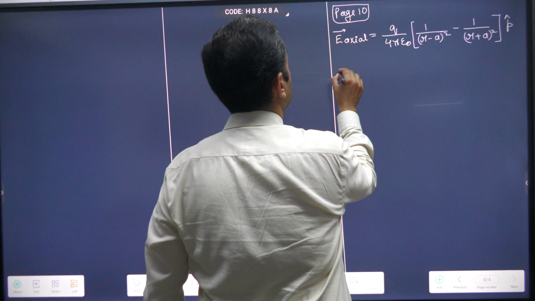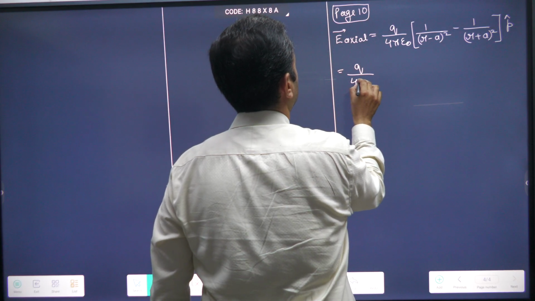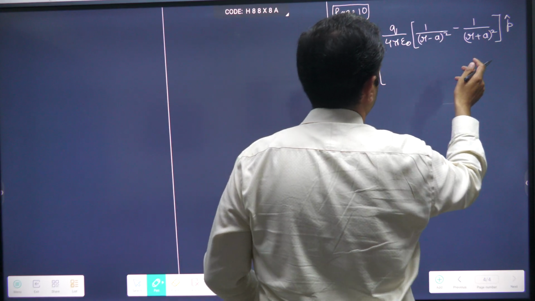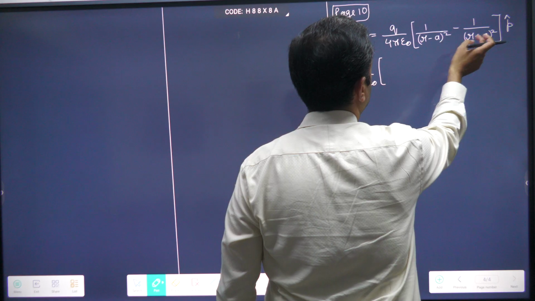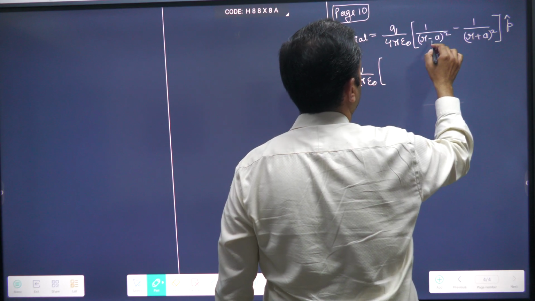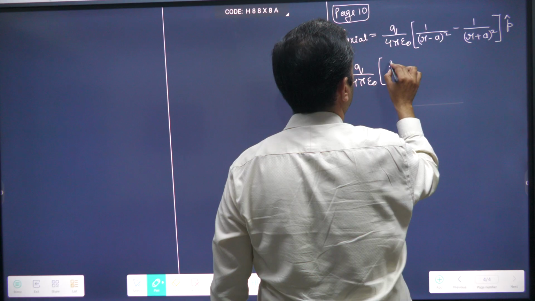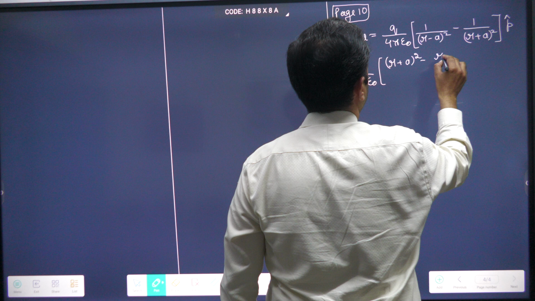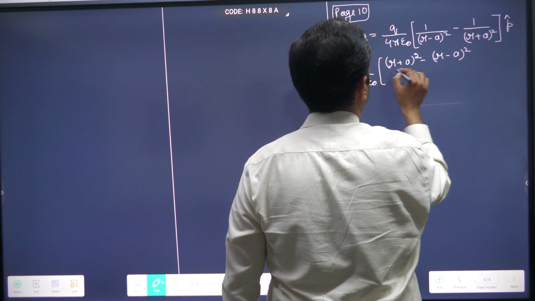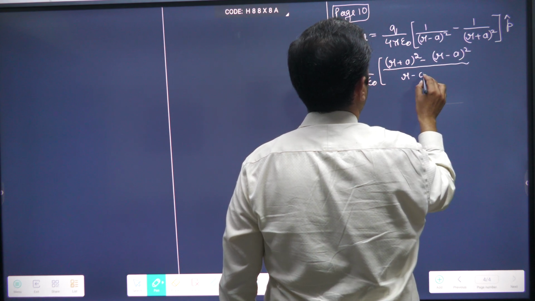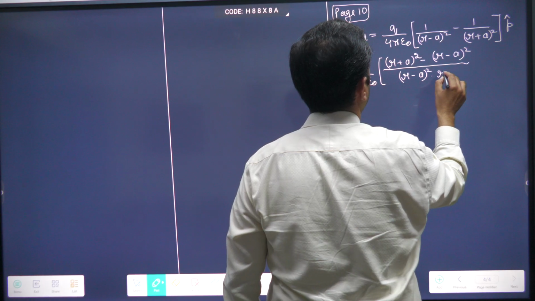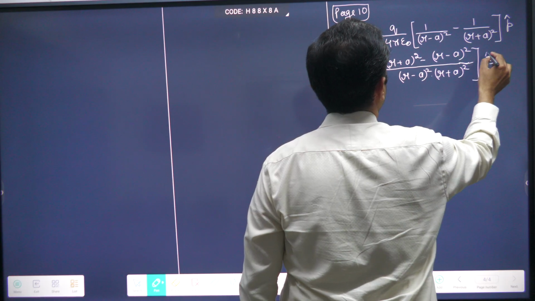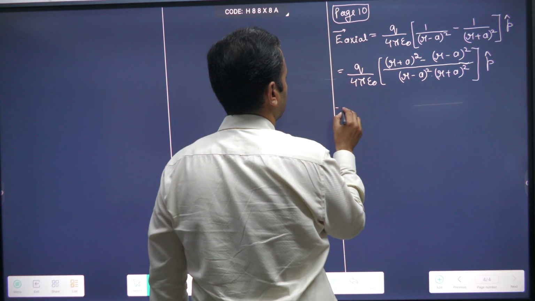Then this one is q upon 4 pi epsilon naught. Let us take the LCM. Whenever we take LCM, r plus a square will be multiplied by 1, r minus a square will be multiplied by this one. So r plus a whole square minus r minus a whole square upon r minus a whole square into r plus a whole square, and after the bracket we have to write p cap.